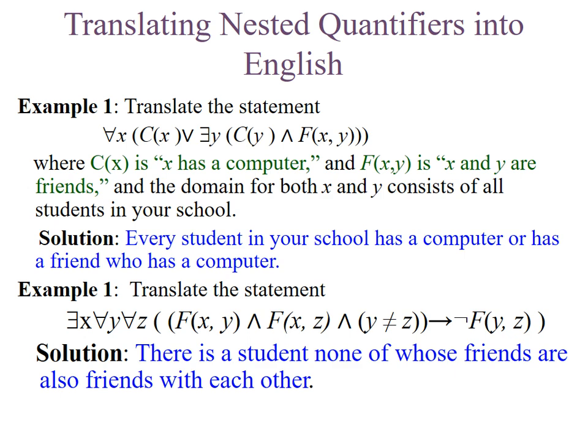For all y and z who are his friends and are different, y and z would be friends of each other. So it means there is a student none of whose friends are friends with each other. Okay. So, do we have such students? Students who do not know each other's friends, who are not friends with each other.